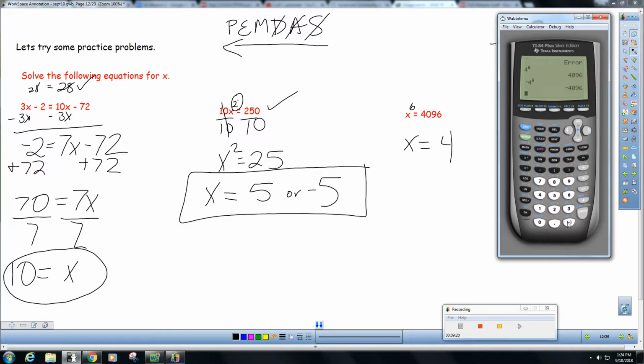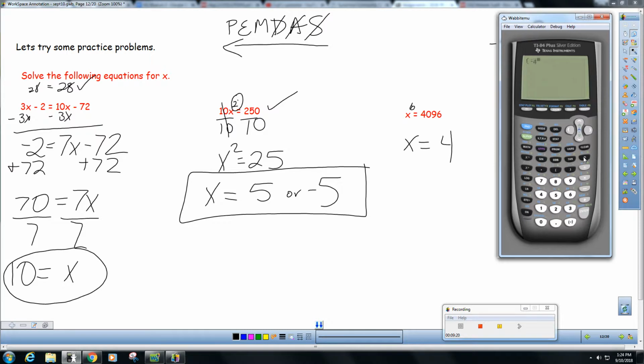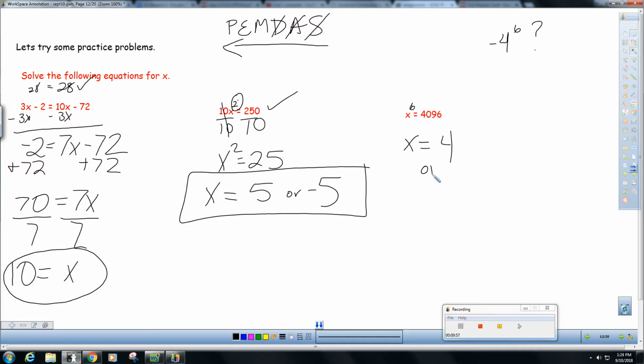What about negative, parentheses, negative 4, to the 6th power. Well, that is also a positive.